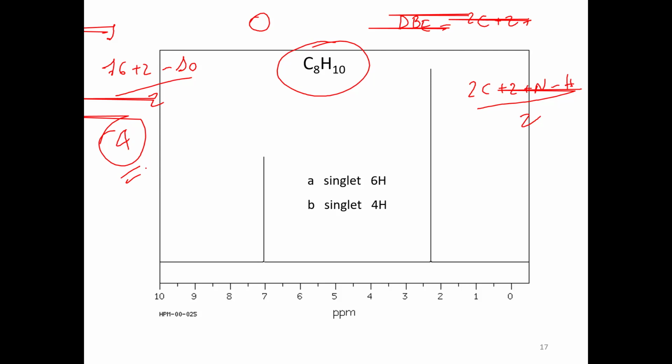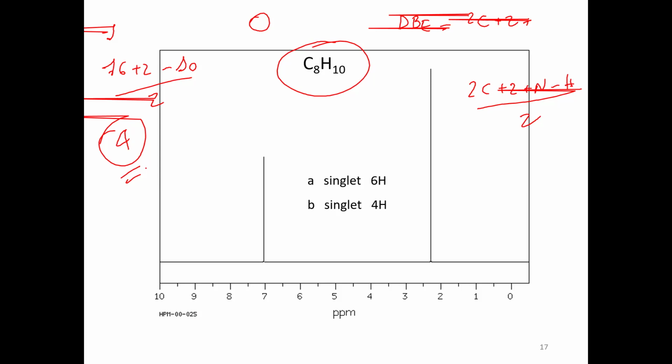But whenever you have a signal in this region, you have an aromatic group, 99.9%. Then you have something aliphatic as well. You calculate your degree of unsaturation. It comes to 4. Okay, it's very symmetrical. Now you try to work out what is next.